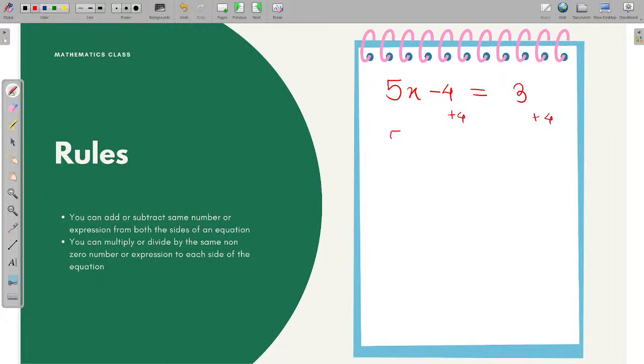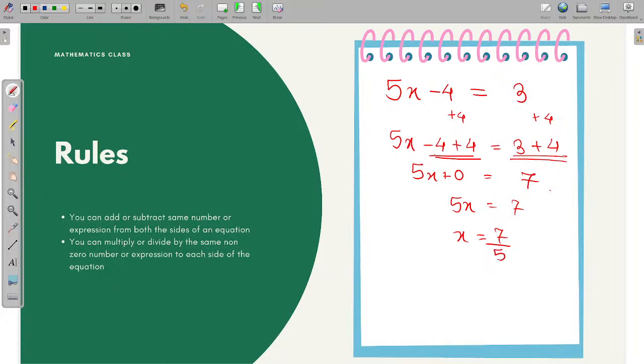What will I get? 5x minus 4 plus 4 equals 3 plus 4, right? So minus 4 and plus 4 will be 0, and 3 plus 4 will be 7. Correct? So 5x I'll get as 7.